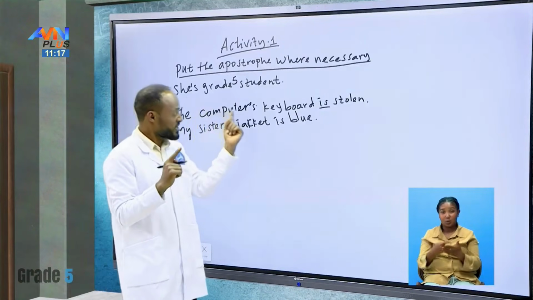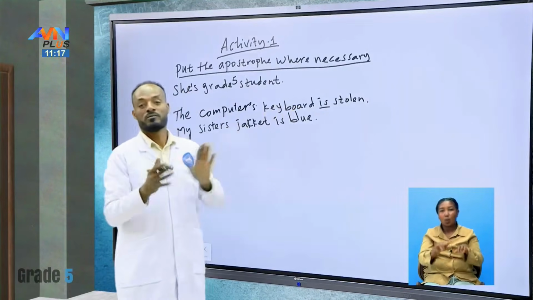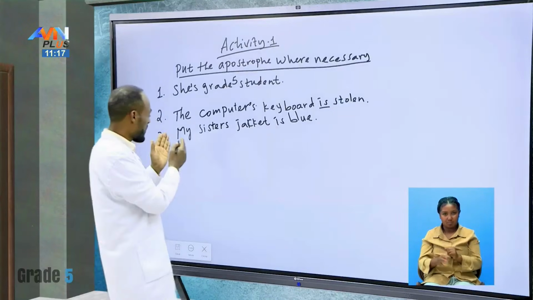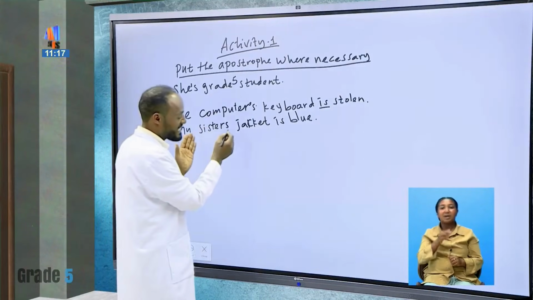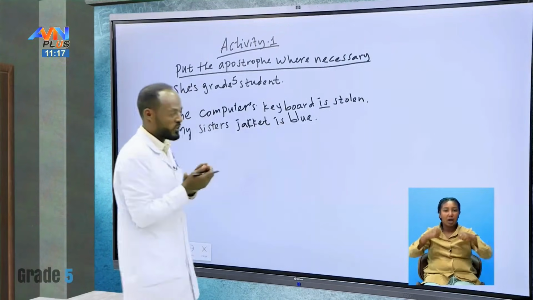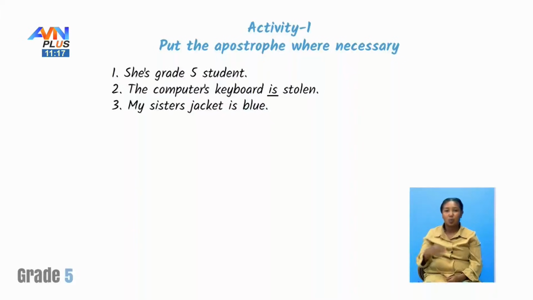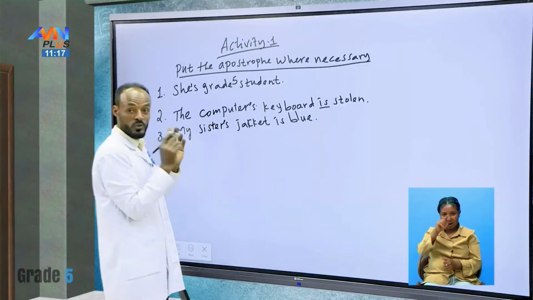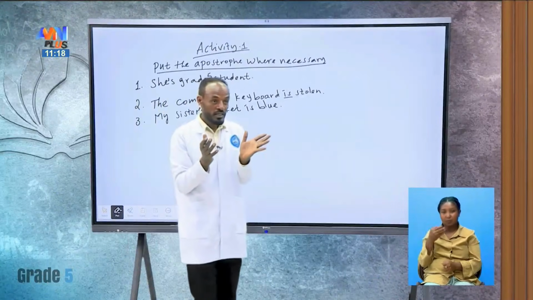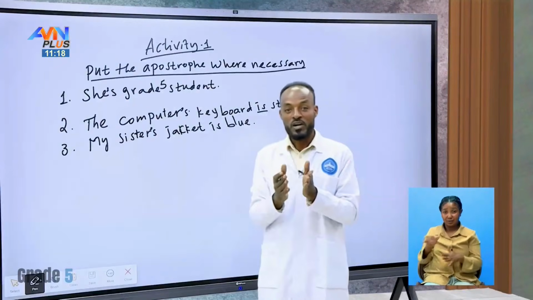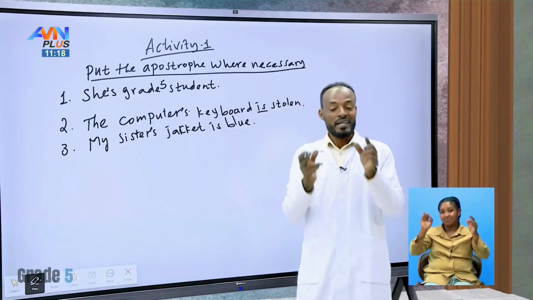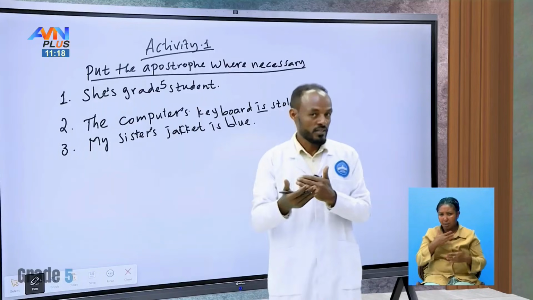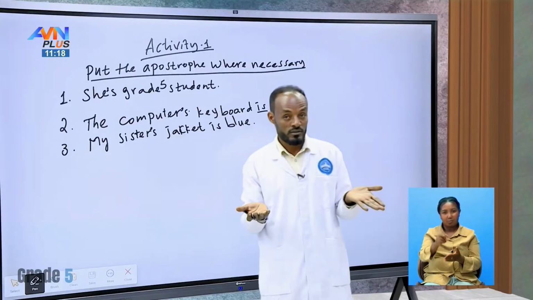So the computer's keyboard is stolen. Bear in mind, another point is here. My sister's jacket is blue. So we have to add the apostrophe here. Did you do it like this? Good. If you did like this, you are right. If not, please try again, okay? Because you can do it.